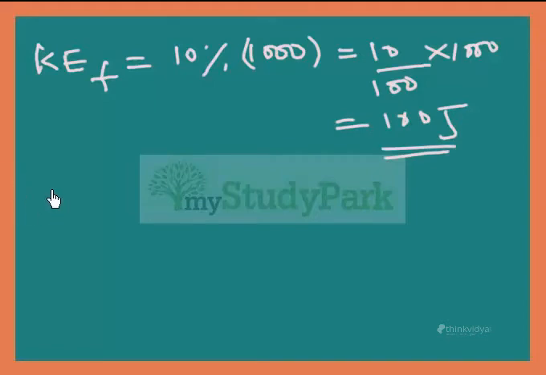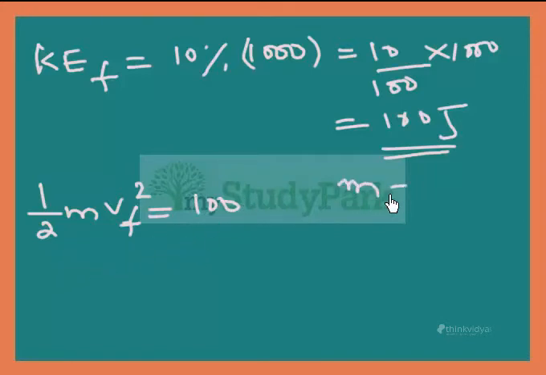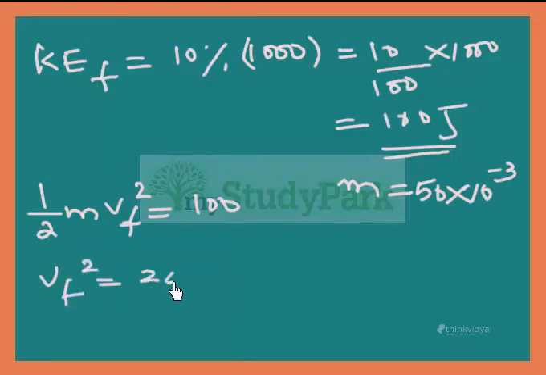But then we also know that half m vf square, where vf is the final velocity of the bullet after coming through the plank or the plywood, will be equal to 100, and mass is given as 50 into 10 to the power of minus 3. So you get vf square equals 200 divided by 50 into 10 to the power of minus 3.